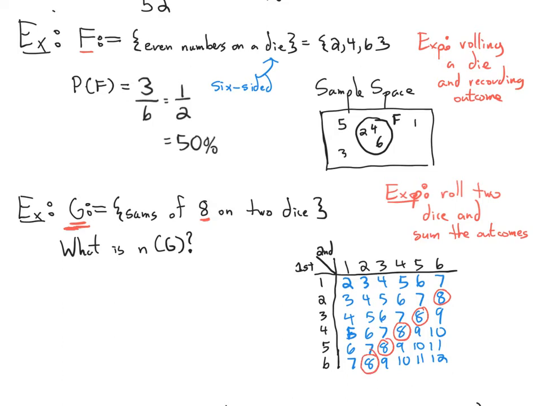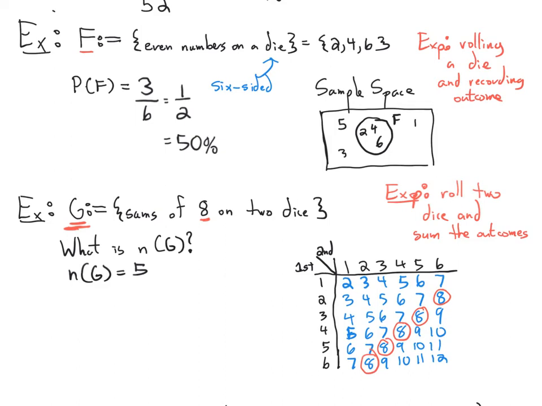So n of G, the number of elements in G, and just as a reminder, this notation means the number of elements or outcomes in the set or event G, is 5. And they are rolling a 2 on the first die and a 6 on the second die, so 2, 6; 3, 5; 4, 4; 5, 3; and 6, 2. So there are 5 different outcomes.